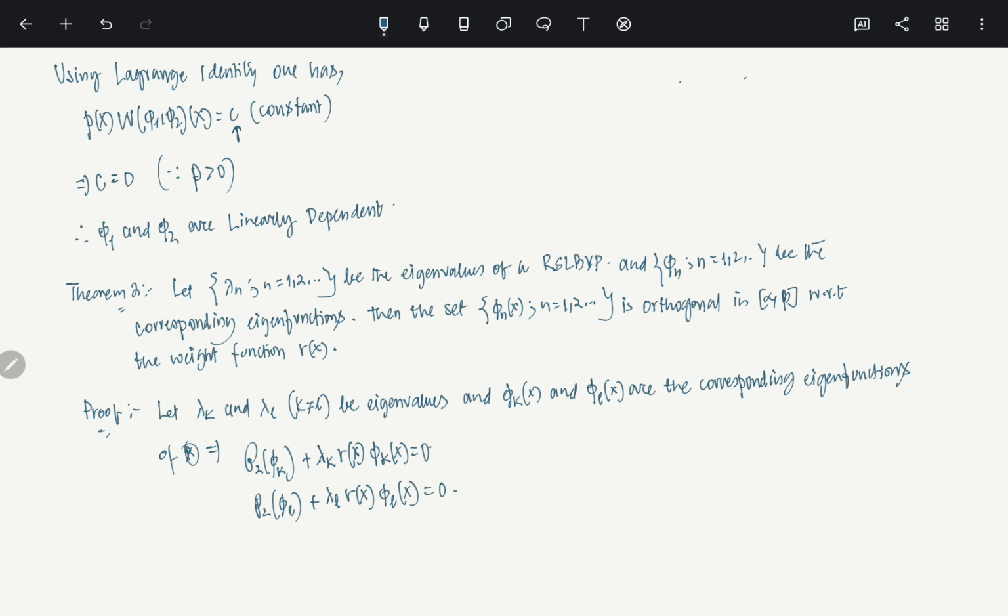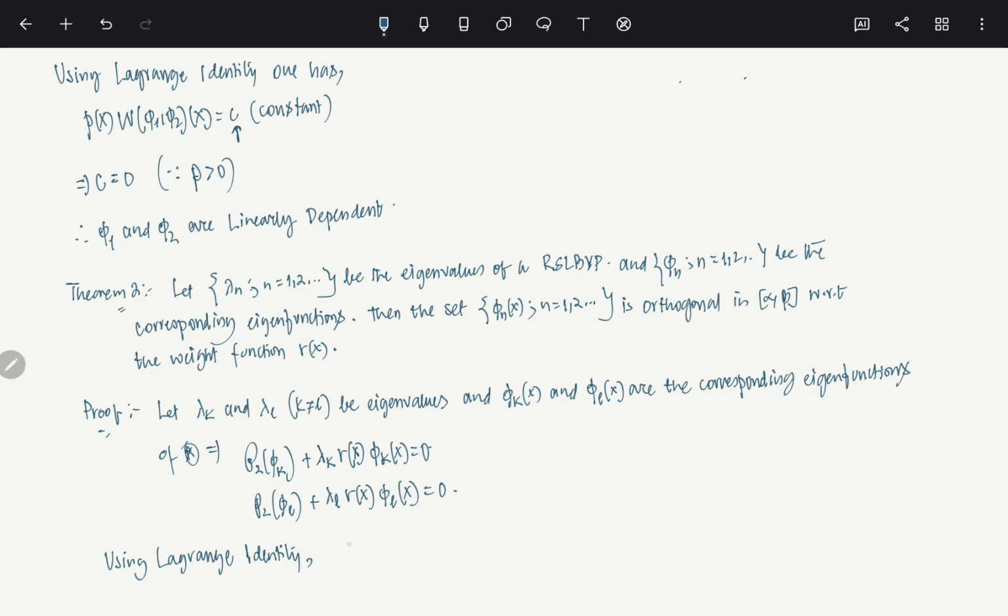Now again we use the same Lagrange identity, or Green's identity, whichever you want to call it. You multiply the first with phi l and the second with phi k, and then integrate.